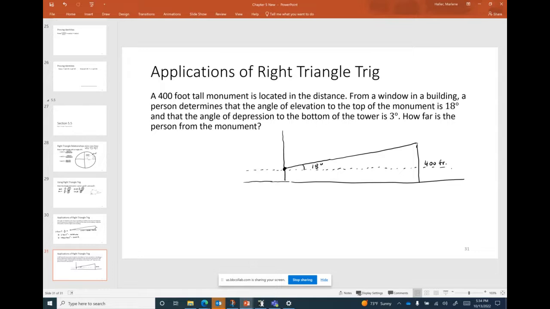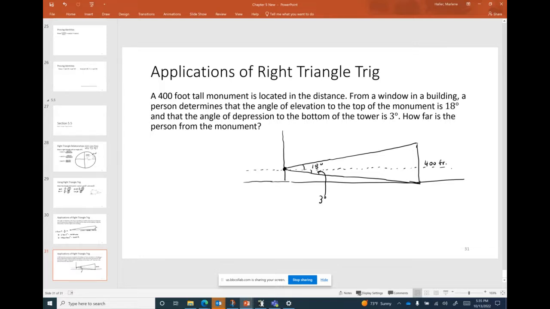Now the angle of depression to the bottom of the tower is 3 degrees. So let's connect that window to the bottom of the tower. That tiny little angle, I'm not going to be able to fit it, so let me write it like this. That angle there is 3 degrees.